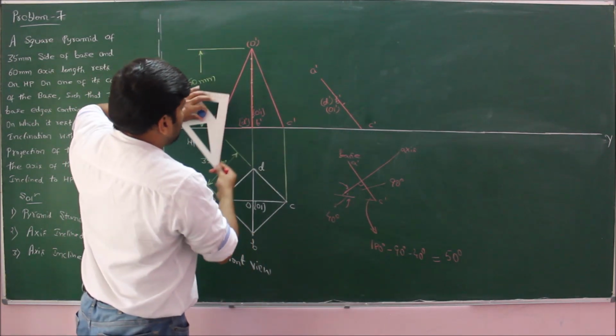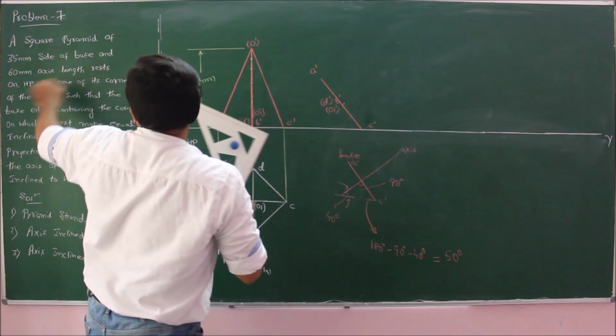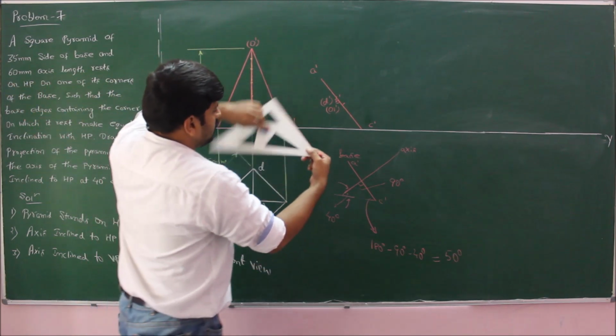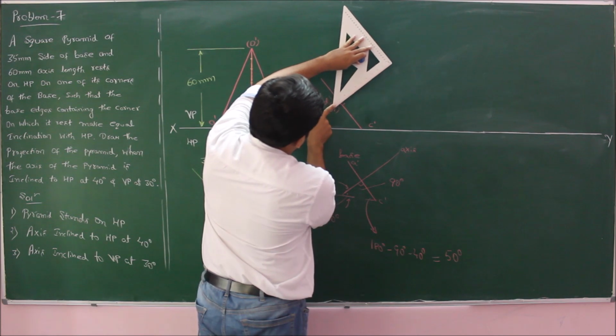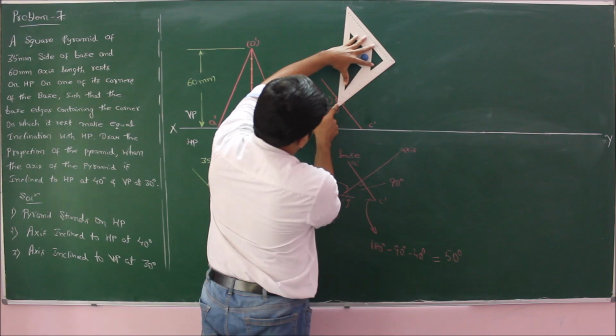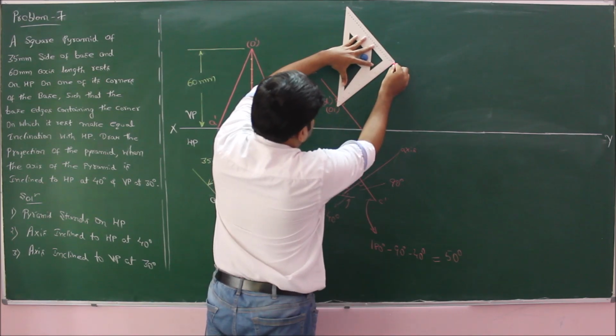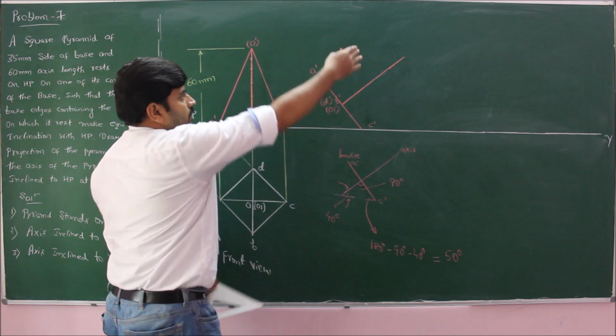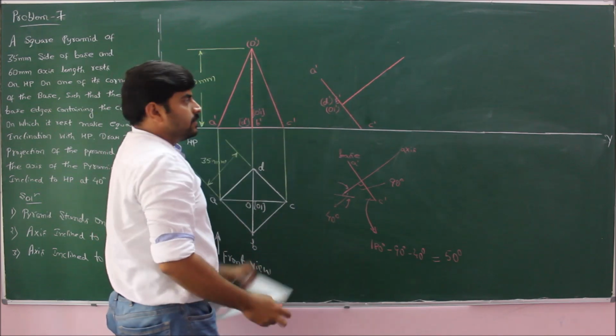Now mark the axis. Axis length is already known, which is 60 mm. Draw a perpendicular line to this base measuring 60 mm. From the apex, join to the remaining corners.